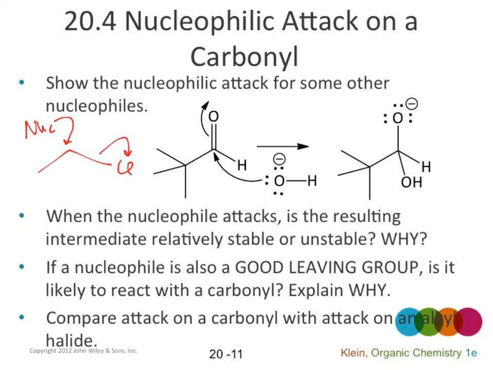That pi bond leaves and goes onto our oxygen. Okay? So oxygen needs to be a negative charge. So it's kind of a weird comparison, but it kind of works. Oxygen is a negative versus chlorine is a negative. Which is the better leaving group? Chlorine. So when we looked at our alkyl halides, we saw a reaction occur in those cases with our nucleophiles.